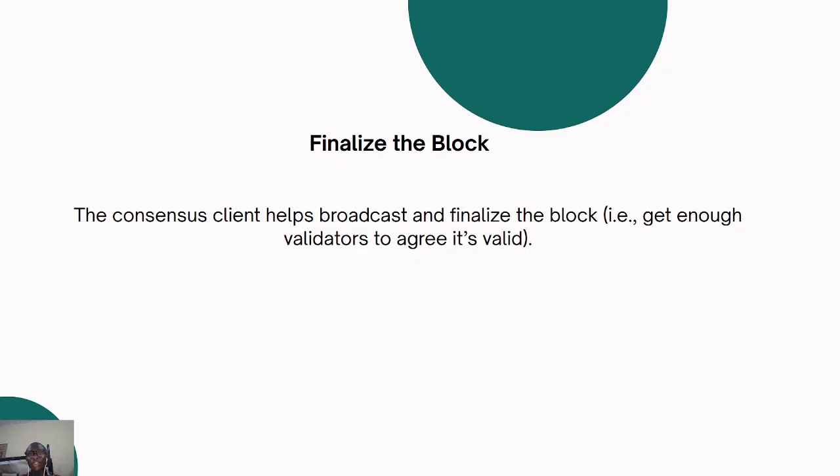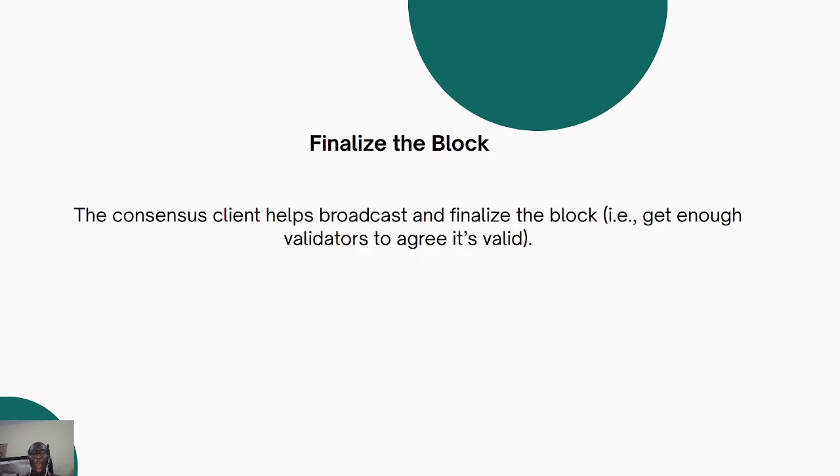Yes. So after this validator has successfully added all the transactions to the block, they don't just automatically place them as part of the blockchain. This is the concept of proof of stake, where we have many validators within the consensus client. They need to agree that this block this guy is proposing to us is actually valid, is actually genuine, so let's add it to the blockchain.